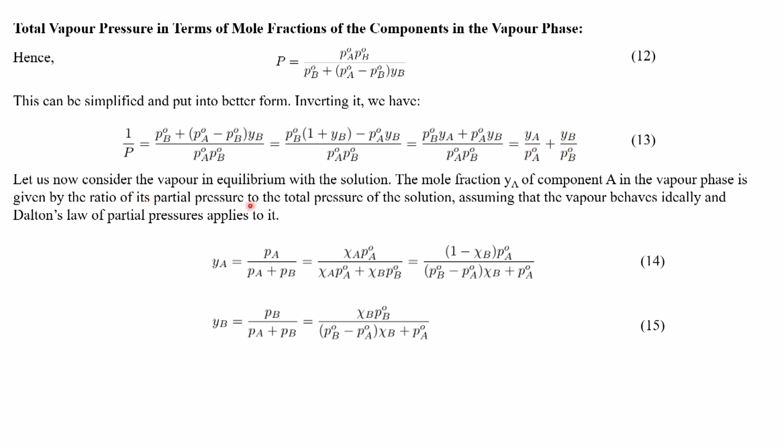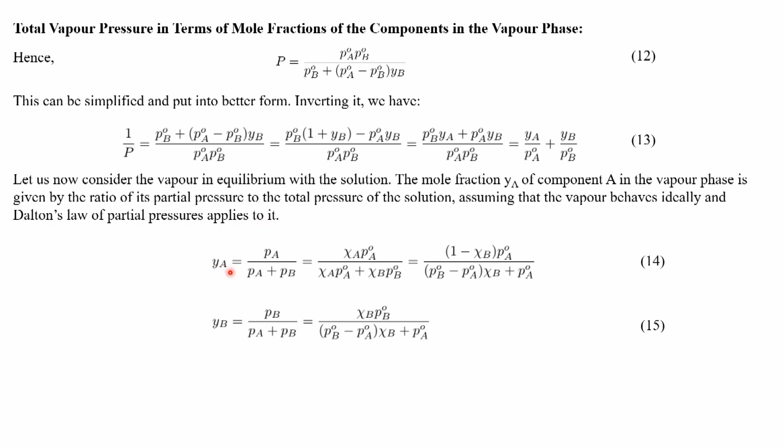Now let us consider the vapor pressure in equilibrium with the solution. The mole fraction YA of component A in the vapor phase is given by the ratio of its partial pressure to the total pressure of the solution, assuming that the vapor behaves ideally and Dalton's law of partial pressure applies to it.